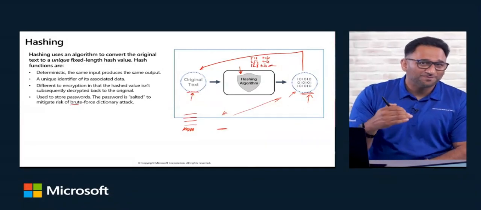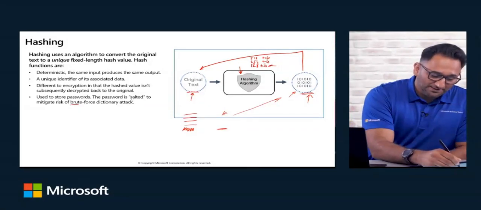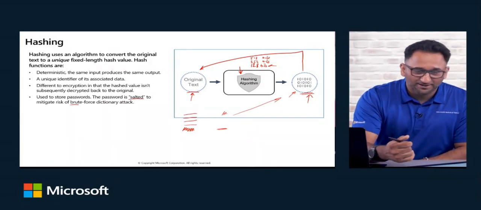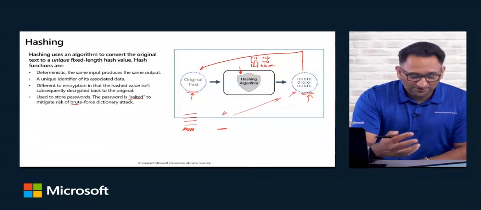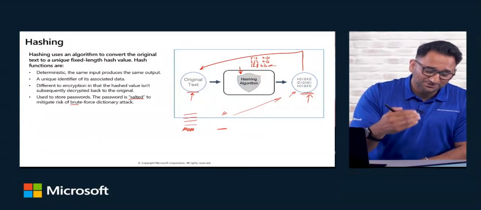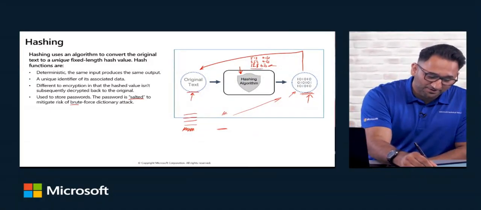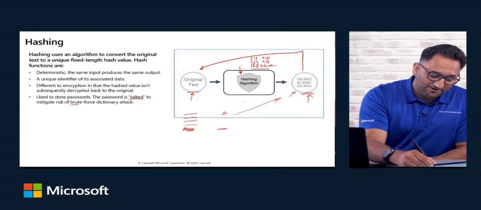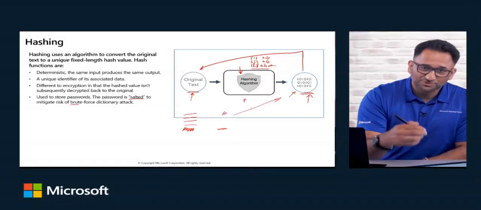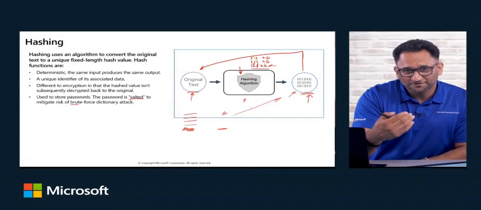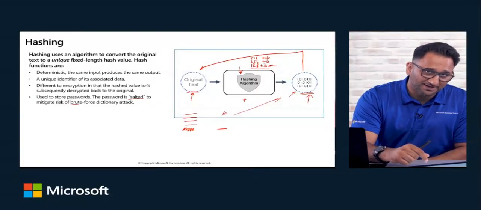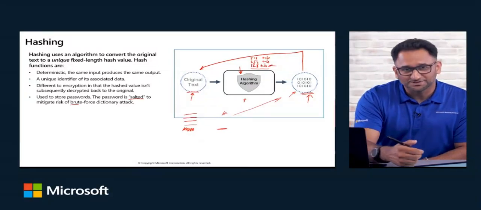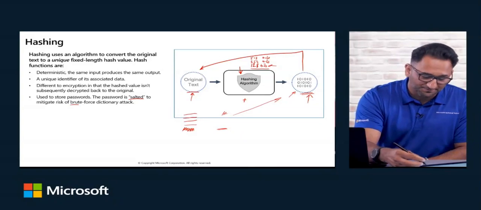Now, to stop this from happening, what we can do is introduce something known as salted hashing, which means we don't just use a fixed algorithm to hash a value. In fact, we can also add something else as another fixed value to this particular hash algorithm to make it more difficult for these malicious actors to work their way backwards.